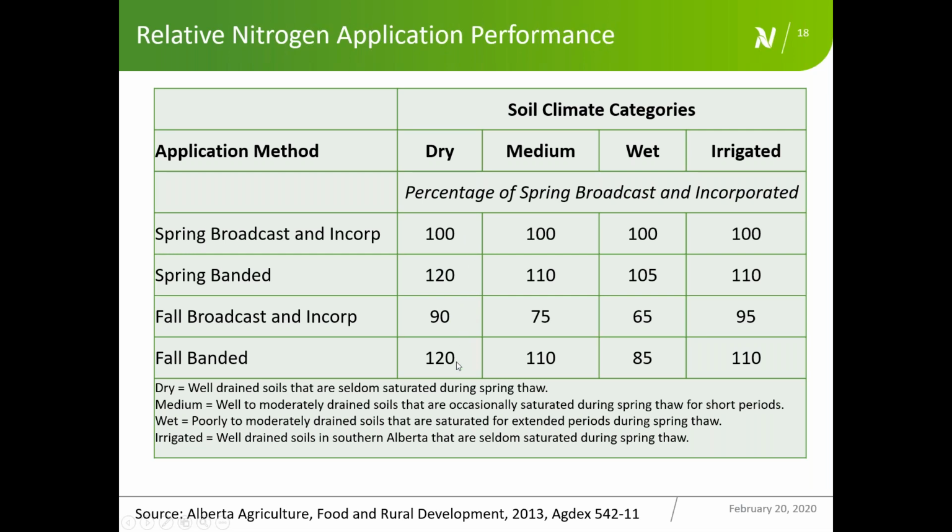But in this case, in a drier environment, fall banding may be as good as spring banding. So when we're in low rainfall areas and the risk of loss is relatively low, fall banding may be an acceptable practice. In much of the prairies, Alberta and Saskatchewan, the northern Great Plains in the U.S., fall banding is an excellent practice for our cereal and canola rotations, and tends to perform very well.